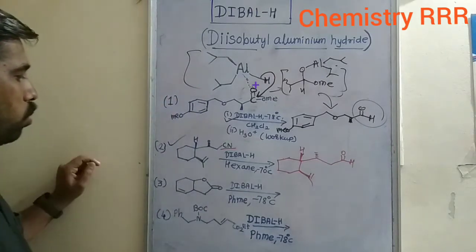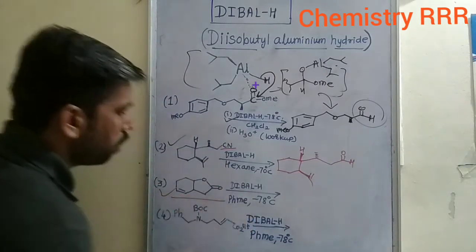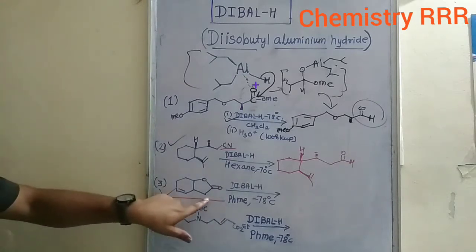Now let's discuss the third example. This is an example of a lactone, that is a cyclic ester.